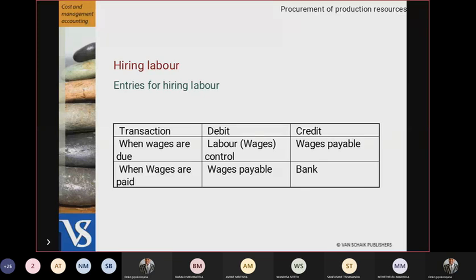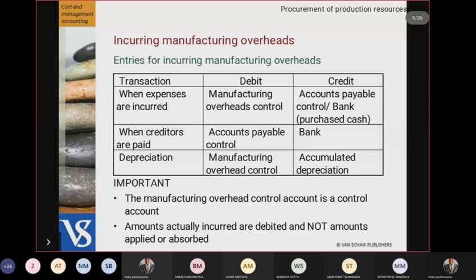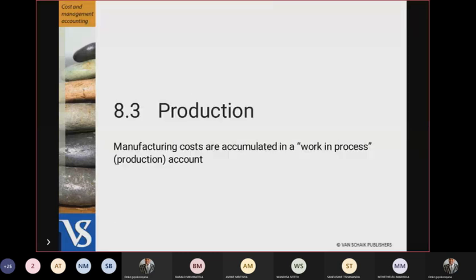Once they are due to be paid, wages payable is debited and the bank account is credited. For your manufacturing overheads, when expenses are incurred, we debit manufacturing overheads and credit accounts payable. Then when the creditors are paid, accounts payable and your bank. Depreciation, of course, is going to become part of your manufacturing overheads. So that's the procurement side.